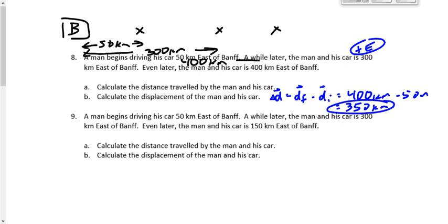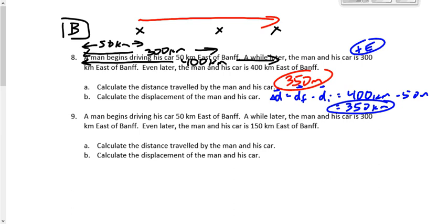This isn't drawn to a very good scale, but see what I'm doing here. Everything is relative to Banff. I start right here, 50 kilometers east of Banff, and I end up right there. What's my displacement? Well, if I was at 50 and I end up at 400, then my displacement's going to be 350 to the east. Or my distance, sorry, is going to be 350. Good.